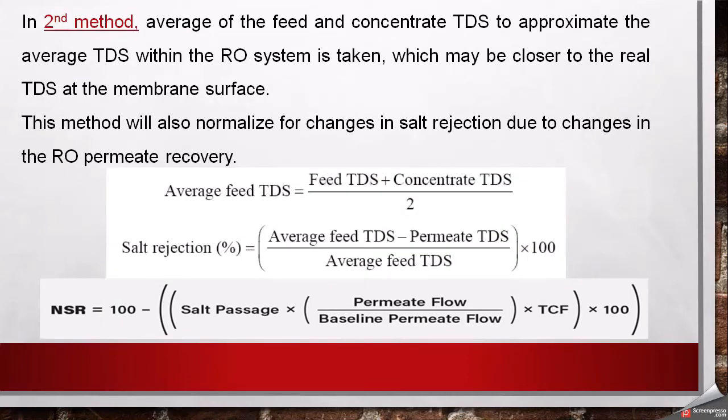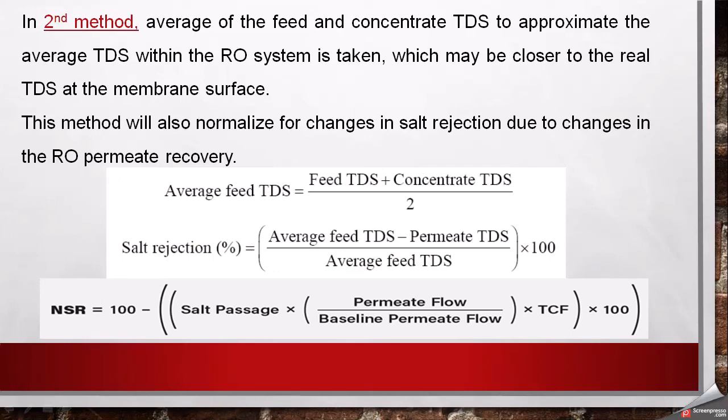In the second method, for normalized salt rejection, the average of the feed and concentrate TDS is taken to approximate the average TDS within the RO system. So we want a close reading of the TDS at the surface of the membrane, which may be closer to the real TDS at the membrane surface. This method will normalize for changes in salt rejection due to changes in the RO permeate recovery.